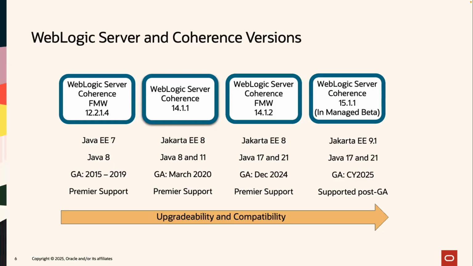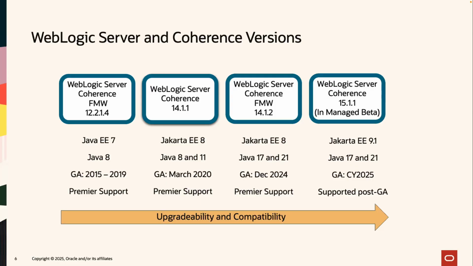This is available today. It is supported through Oracle Premier Support. We provide a long life cycle, which I'll be describing. And we're very pleased at the adoption we're seeing from our customer base and a lot of success that our customers are enjoying by picking up 14.1.2.